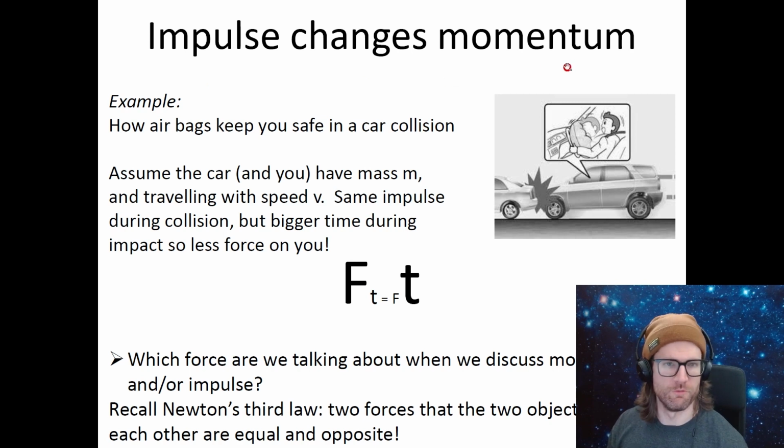Impulse changes momentum, reiterating that again. Here's another example, how airbags keep you safe in a car collision. Assume a car with mass m traveling with speed v, same impulse during the collision, but the time during impact differs. Let's read that again.